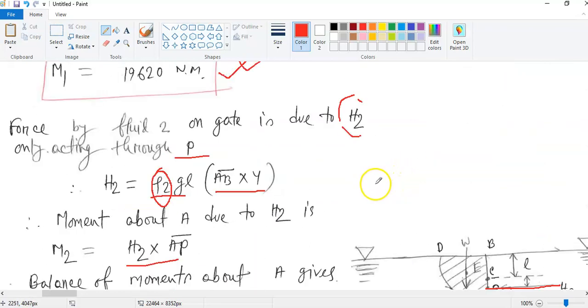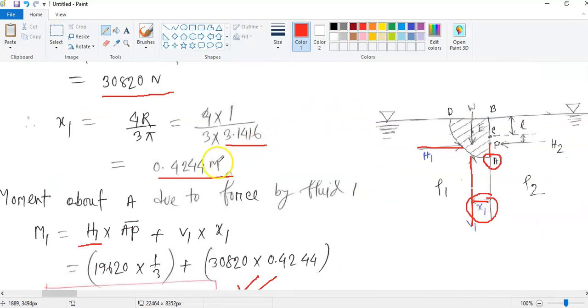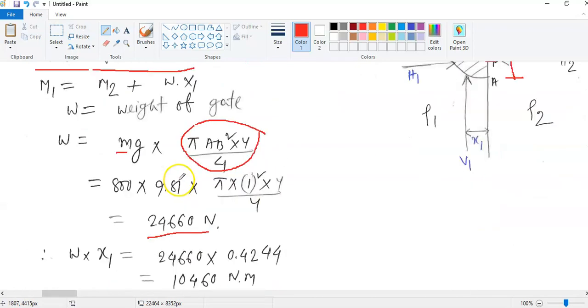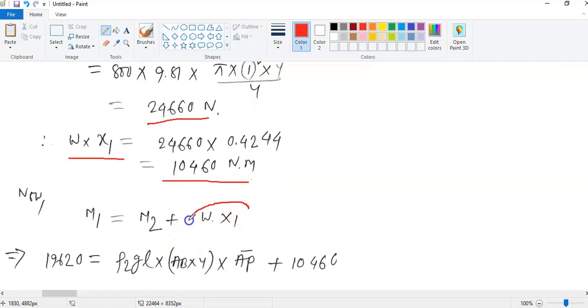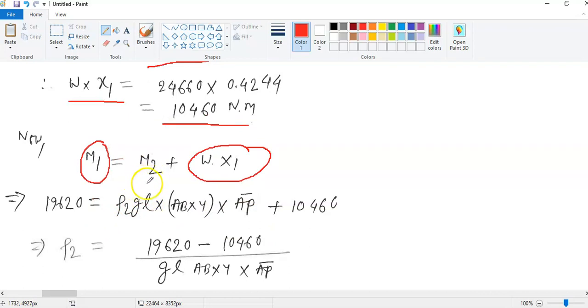You calculated it somewhere here. The x is 0.4244, the vertical distance. Once you know the weight, calculate W times x. So now you know this term and this term. And M2 we know, we just calculated earlier.